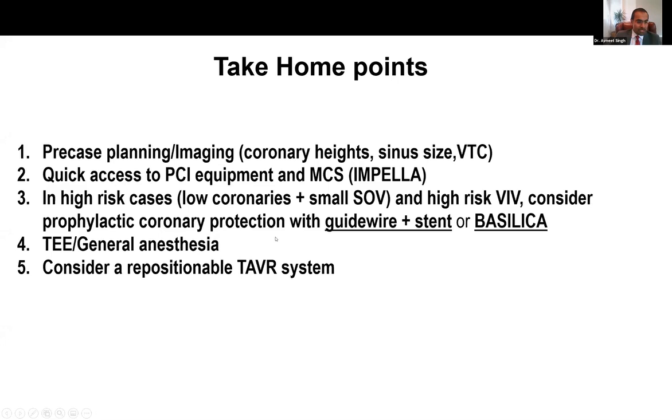Getting these patients out once they obstruct is not associated with similarly good outcomes, and should be done with TEE and general guidance, and consider a repositionable valve system. And if there's ever a doubt, we should always consider whether repeat surgical procedure may be the better option for these patients.